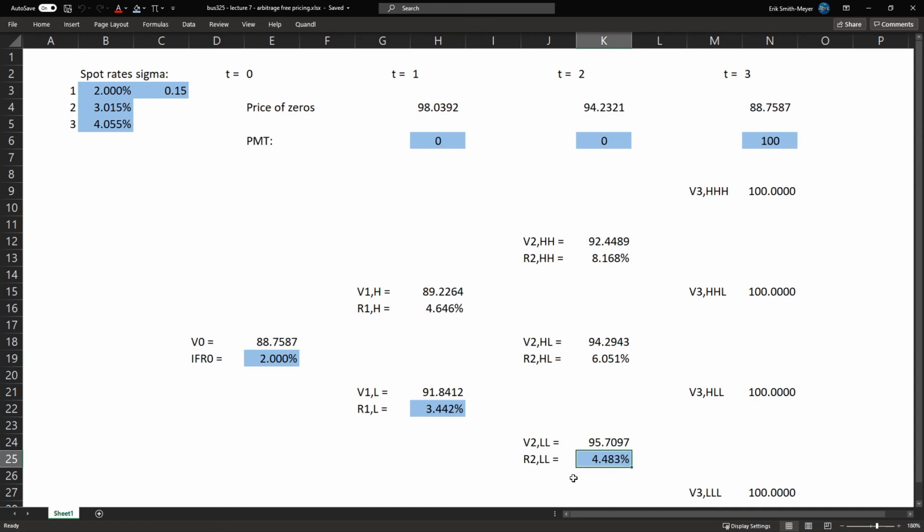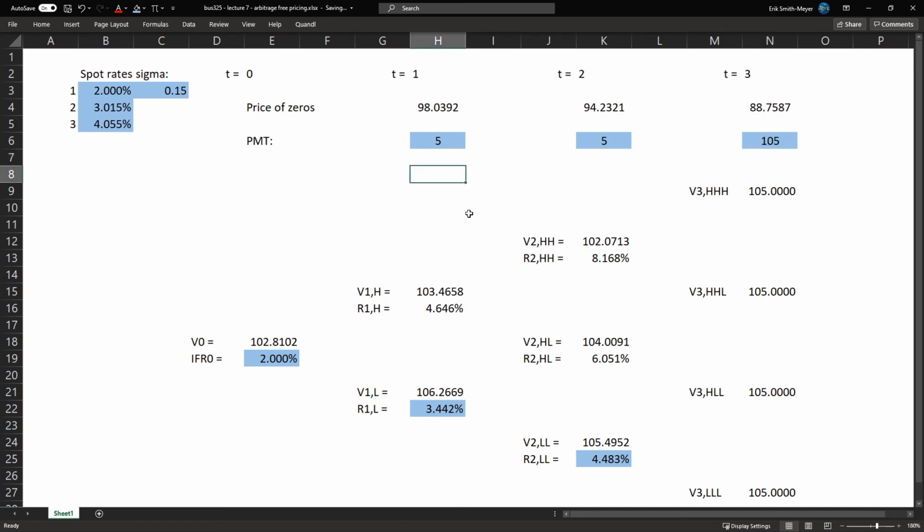Okay, which means that we can now value any 3-year bond with our interest rate tree. So for example, the 5% coupon 3-year bond, the price would be 102.8102, which is the correct result.